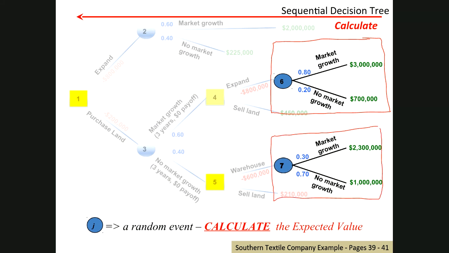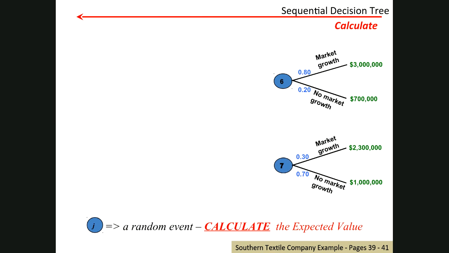So again, we're going to calculate that expected value, and hopefully you're ahead of me now, because the expected value at 6, let me start over. In fact, let me type this. The expected value at 6. Of course, we're going to do the multiplication.